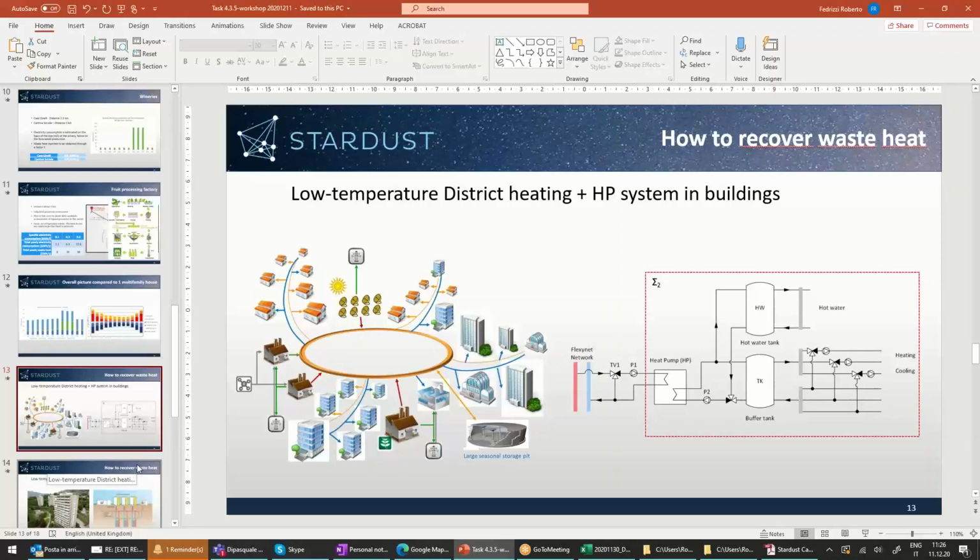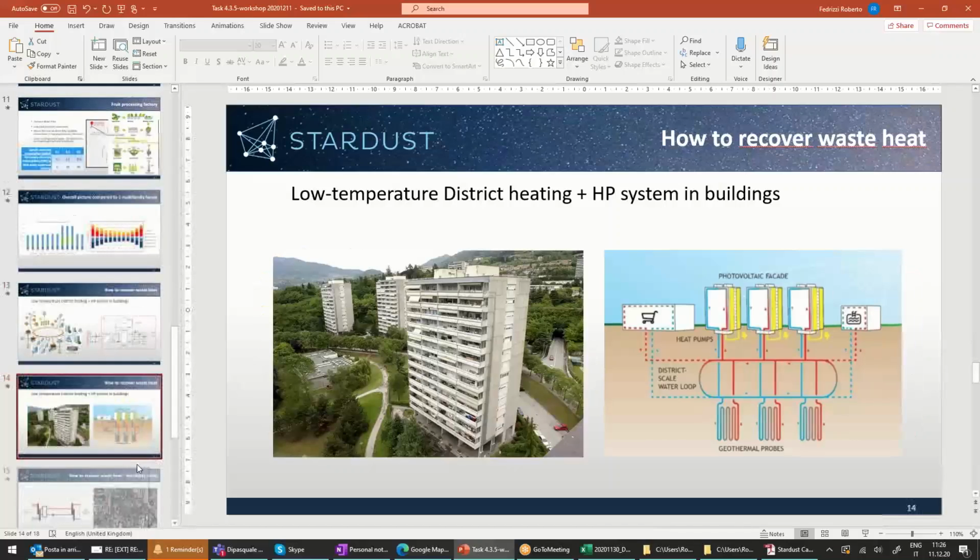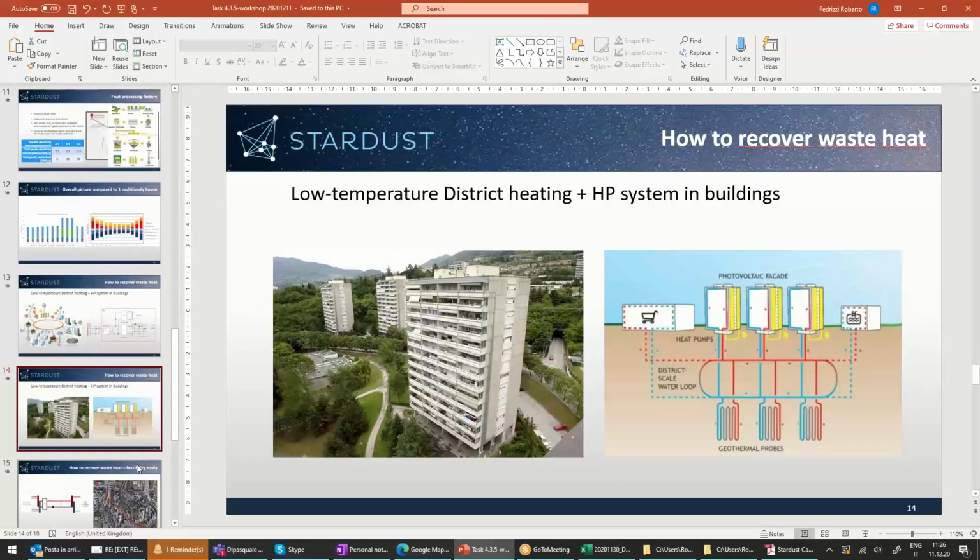In our case in Trento, this kind of system for waste heat recovery would be quite interesting, because in Trento, in the 3 towers, we are going to have geothermal heat pumps installed.